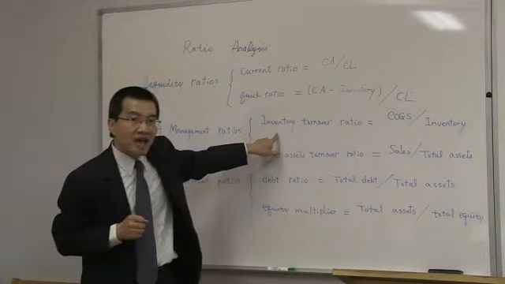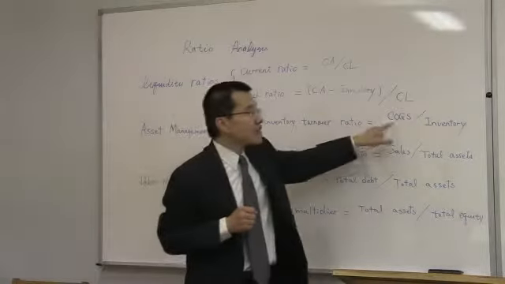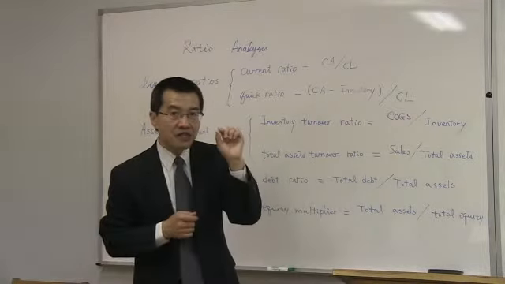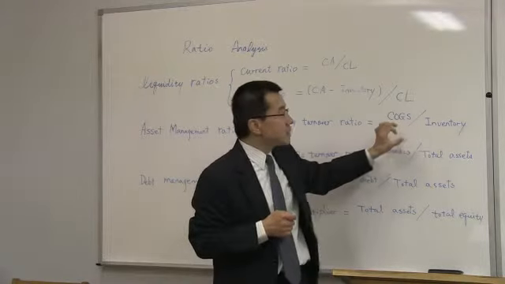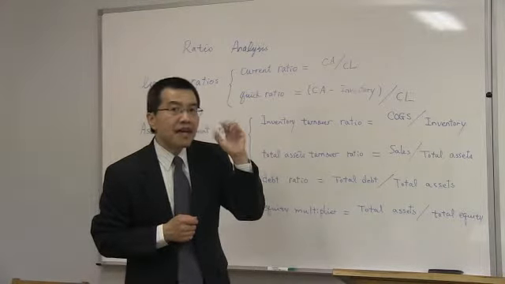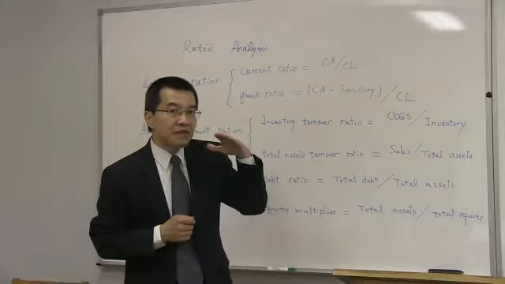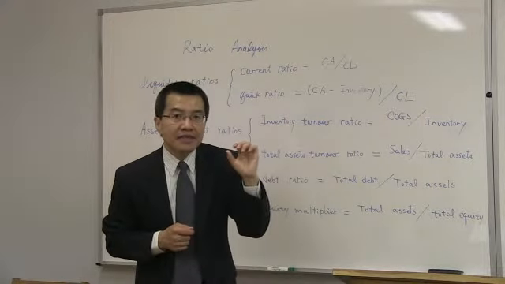First, we have the inventory turnover ratio. The inventory turnover ratio uses the cost of goods sold divided by the inventory. This tells you, based on the company's annual sales and the current inventory level, how many times the company has to replace its inventory.